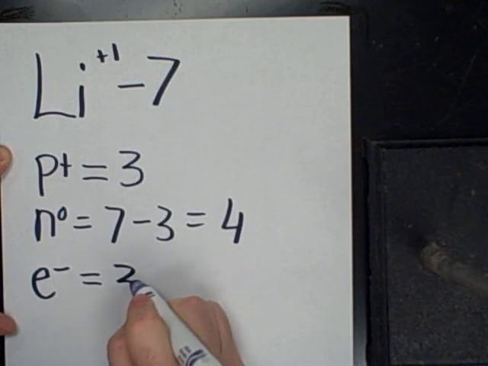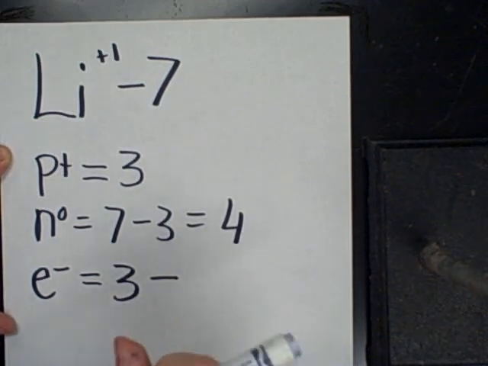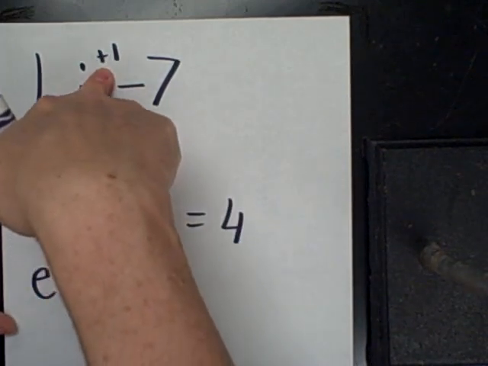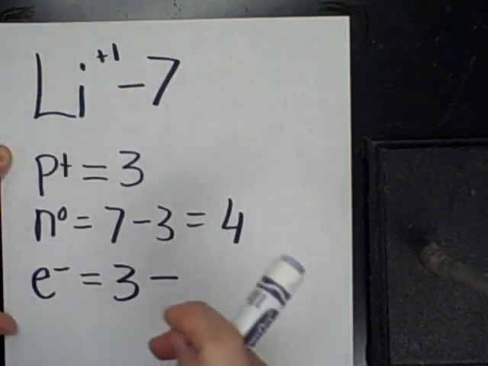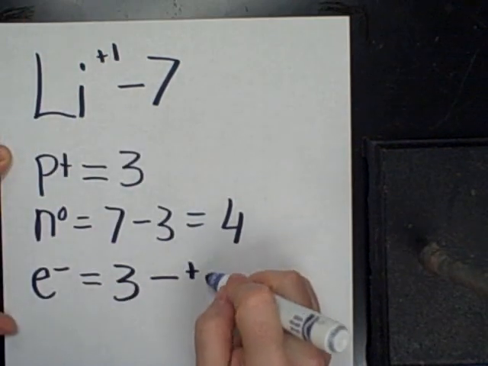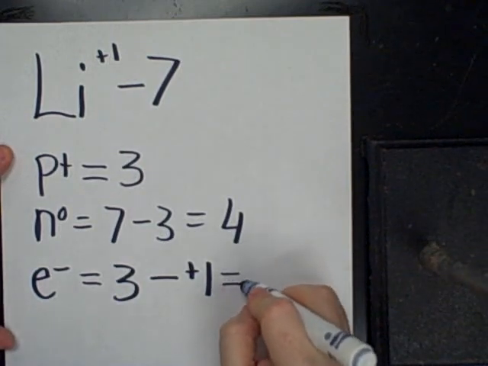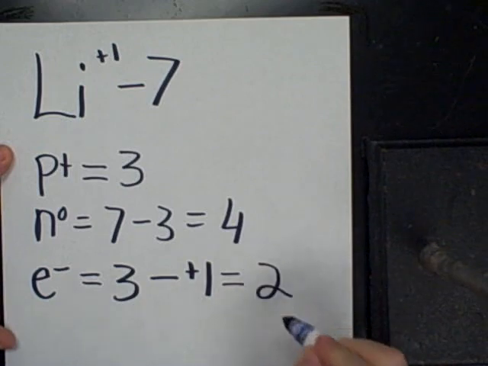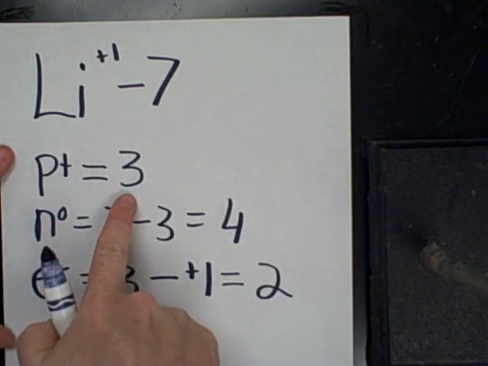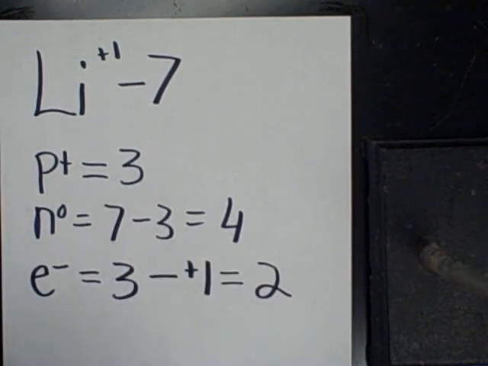Atomic number 3 minus the ion number and charge, so minus a +1. So 3 minus a +1 is 2. So this lithium has 3 protons, 4 neutrons, and 2 electrons.